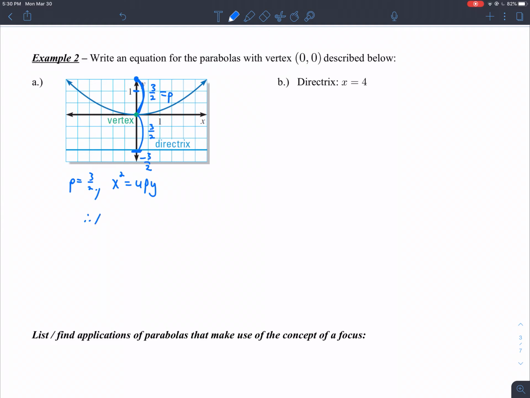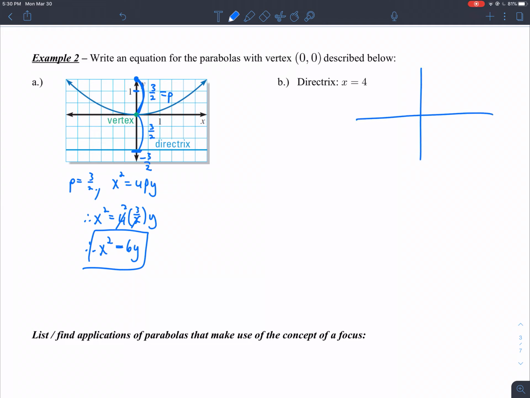So all I have to do is say x squared equals 4 and substitute the 3 over 2 for p. And so I get x squared equals, these two cancel, I get 6y. Okay, there's my equation.